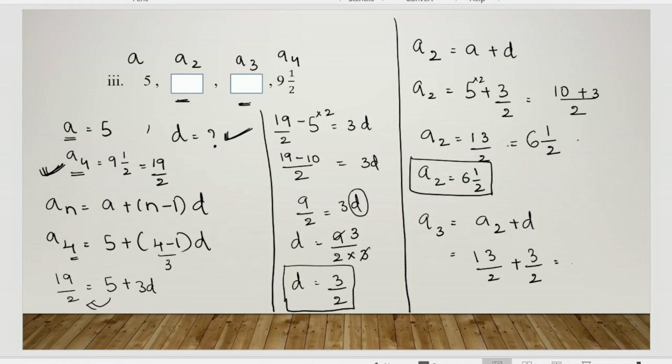With the LCM being 2, 13 plus 3 is 16 by 2. 2 ones are 2, 2 8s are 16. So A3 is 8 here. So A2 is 6 1 by 2 and A3 is 8. Clear?